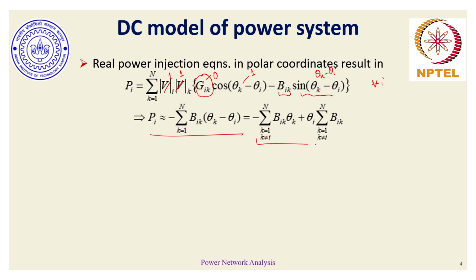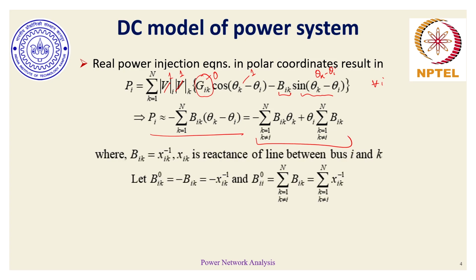If we rearrange our terms, it gets expanded into this form. We redefine or change the notation of Bik and the Bik sum over here. We denote them as Bik', which is minus Bik, basically an off-diagonal term, and Bii' is essentially a diagonal term of a matrix.